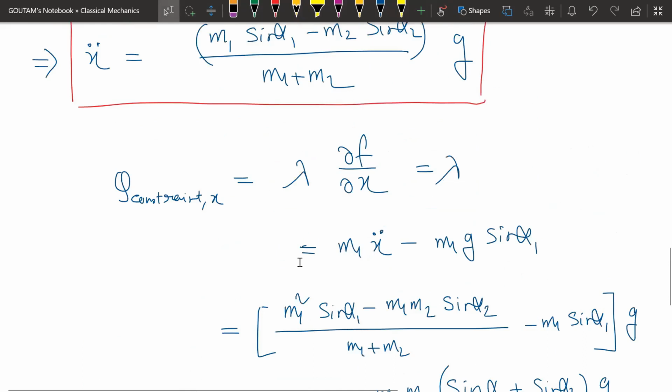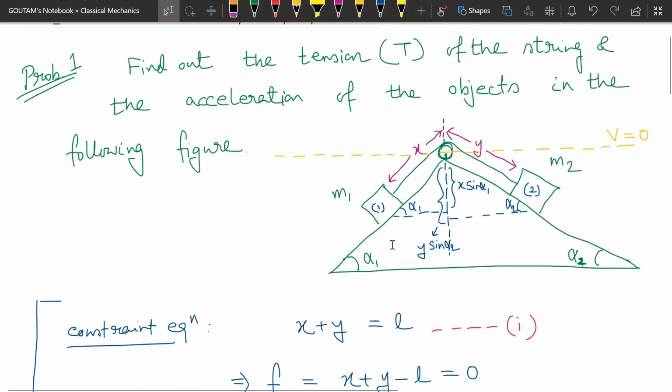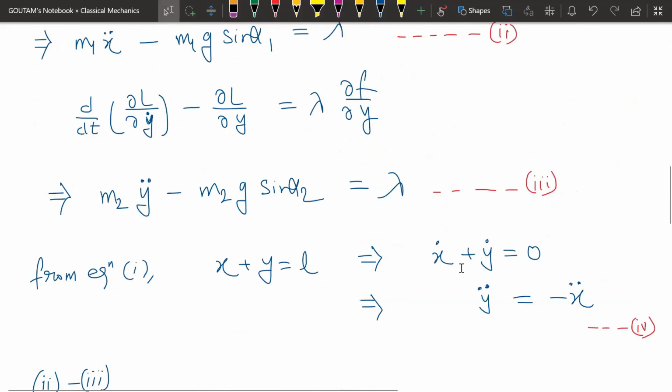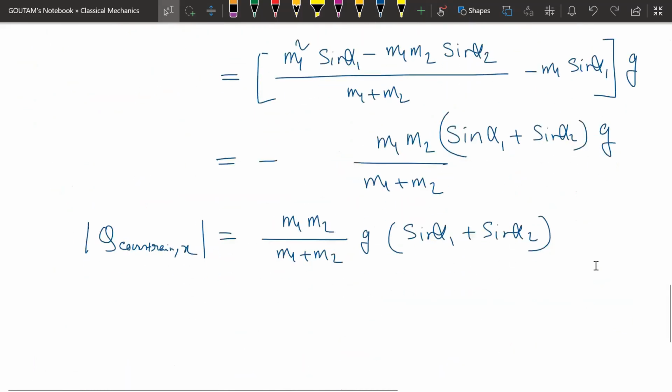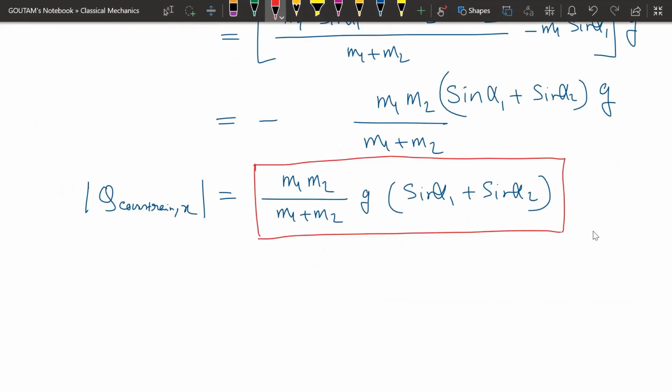This is the value of this constraint force. And the value of tension will be the same as this value of the constraint force, because the tension is basically a constraint force which arises because the length of the rope is fixed. This is our tension force or constraint force.